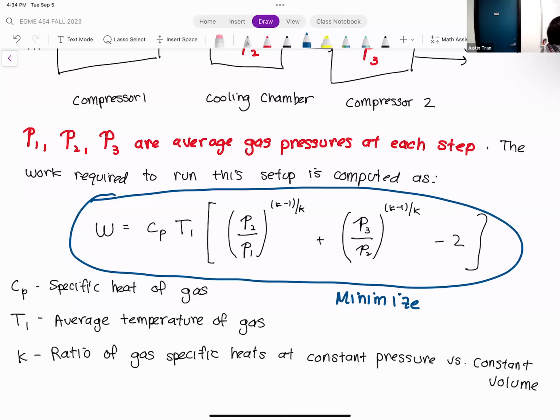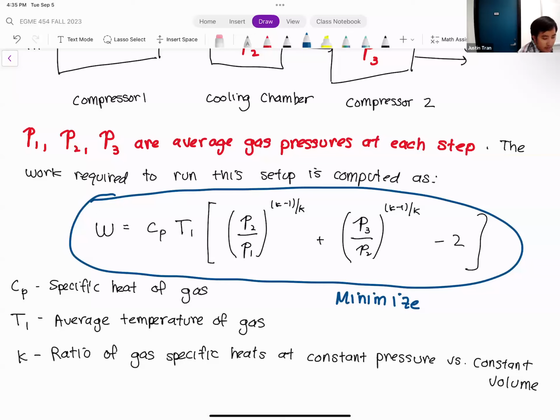You're compressing a very large volume of gas for maybe some manufacturing process. And if you can minimize the work required or minimize the energy, that's going to save your company a lot of money and be ultimately very, very good. Okay, and so based on this formula here, we want to minimize it.